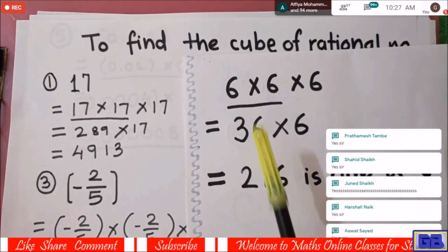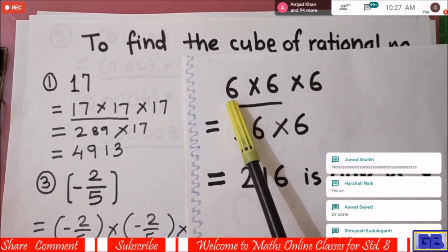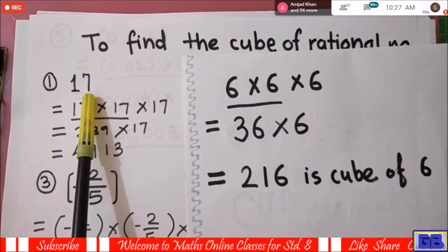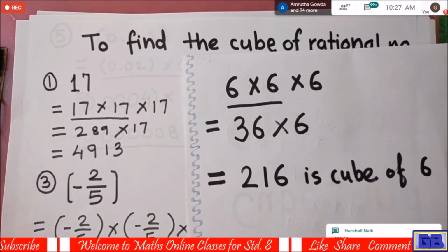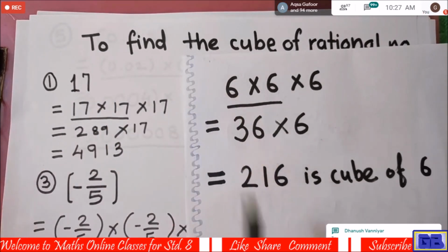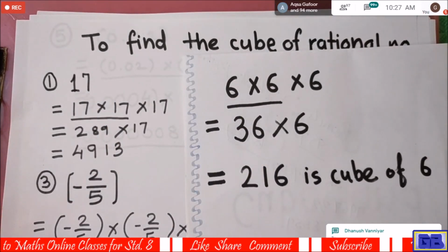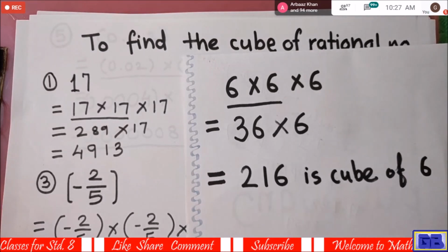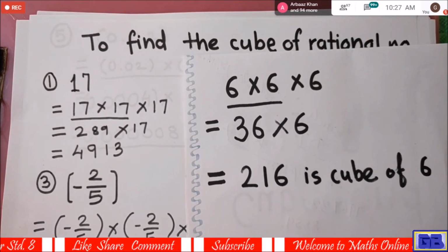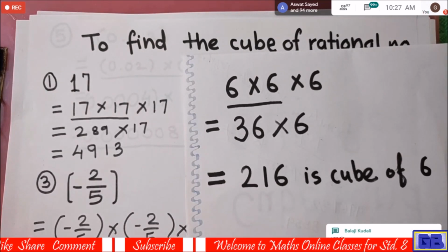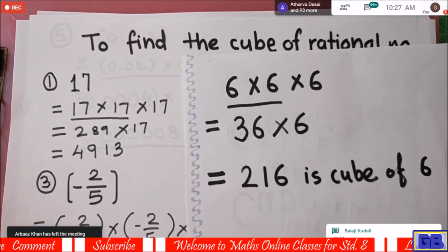Okay. Now we have to discuss these 5 examples. At the beginning we took example number 1, 17, and example 4, 1.2. If we see both examples, these are positive numbers. If the given number is positive, then its cube is also positive. That is the first rule.